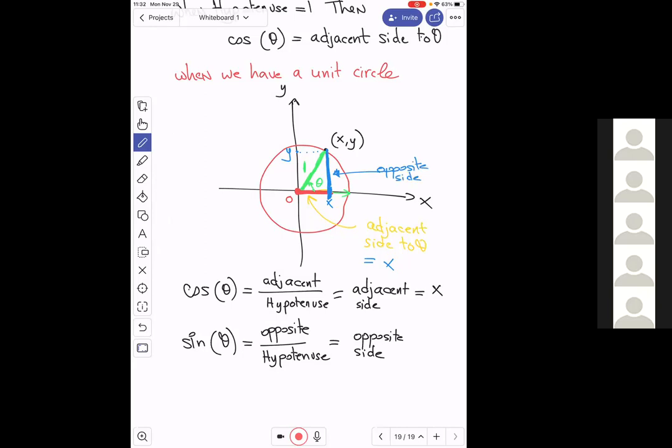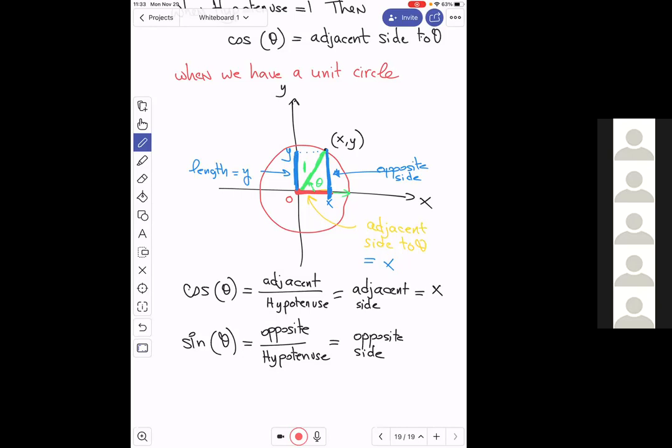Now, what's the length, or the height, of this opposite side? As you can see, it's the same as this side right here. They have the same length. And the length of this, from 0 to y, is just y, right?